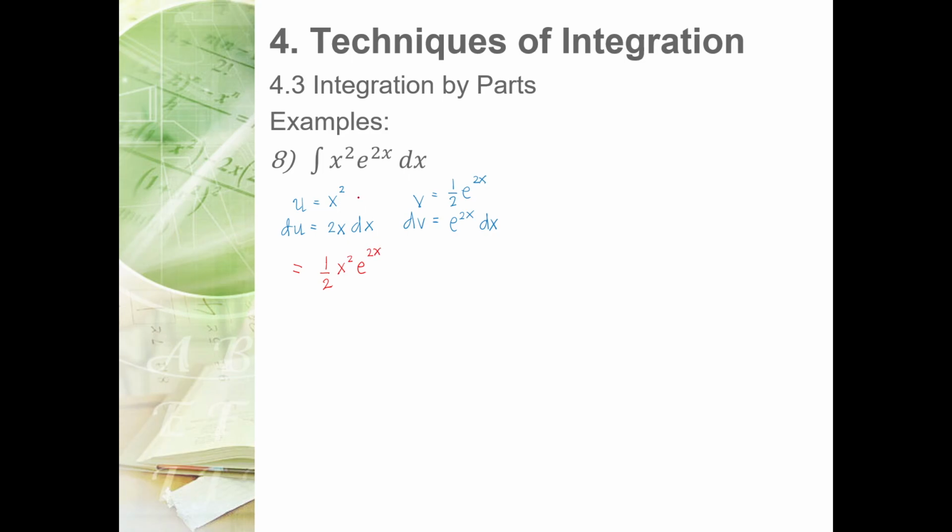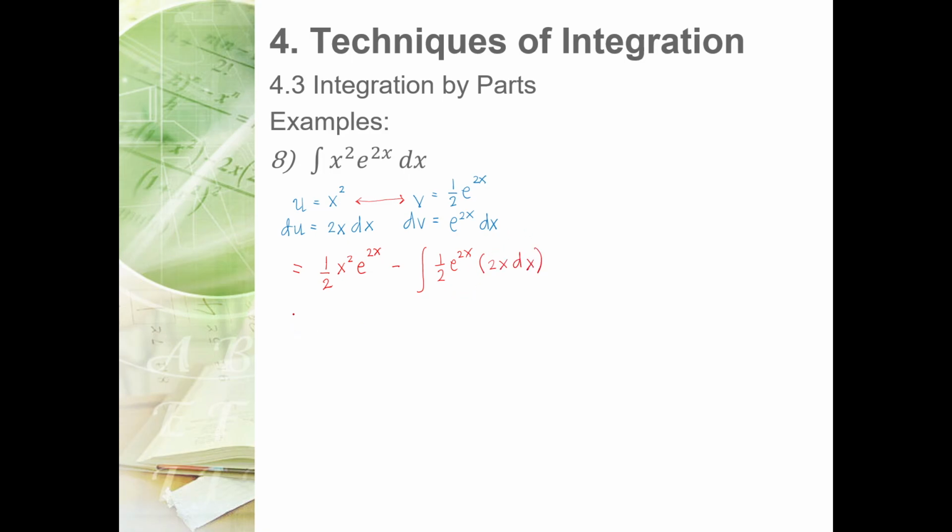I just arranged it so that it looks nice. And then minus integral of v du. So that would be the integral of 1/2 e raised to the power of 2x, then multiplied by du, 2x dx.